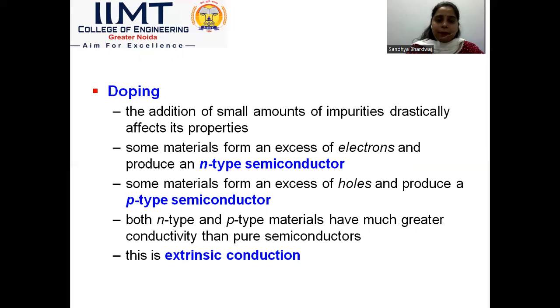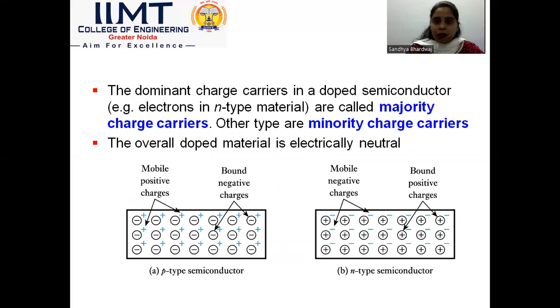Both N-type and P-type materials have much greater conductivity than pure semiconductor. This is extrinsic conduction. For example, we cannot make ornaments from pure gold, so we make an alloy, which is similar to doping.